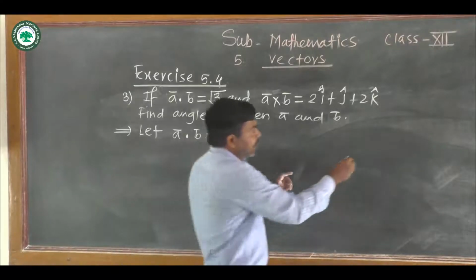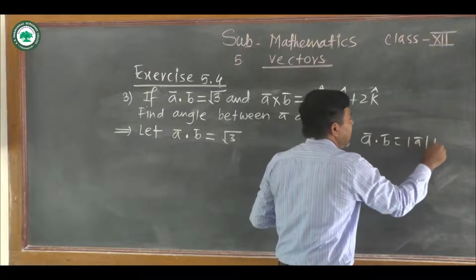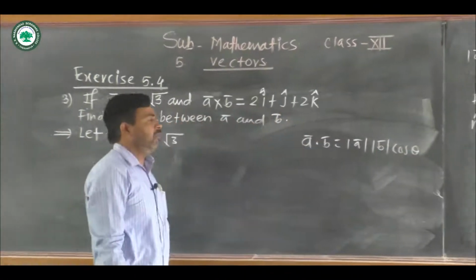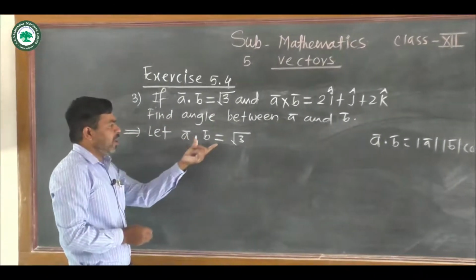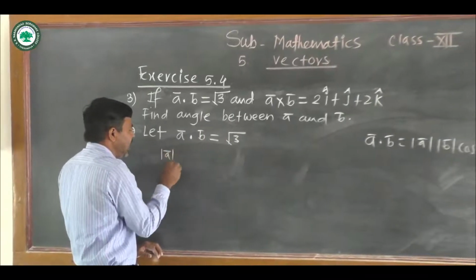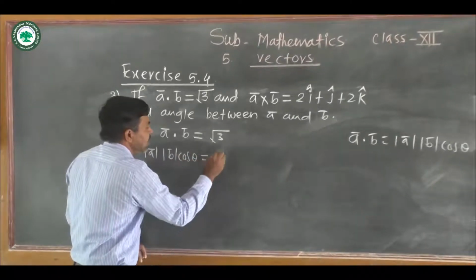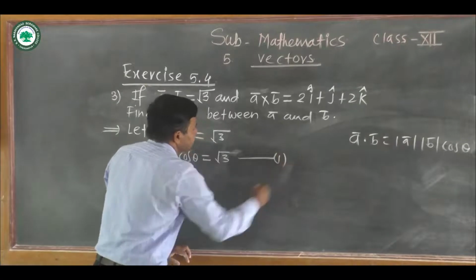A bar dot B bar is equal to magnitude of vector A into magnitude of vector B into cos of the angle between them, if the angle between them is theta. So by using this definition, magnitude of vector A into magnitude of vector B into cos theta is equal to root 3. Give this equation number 1.